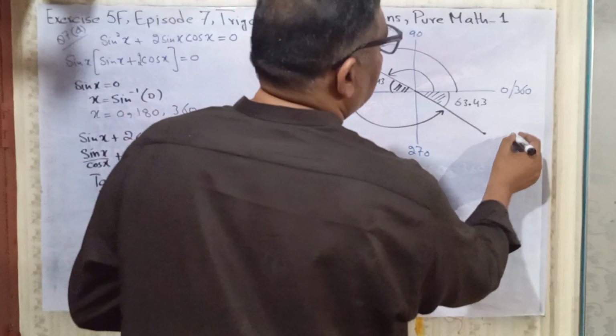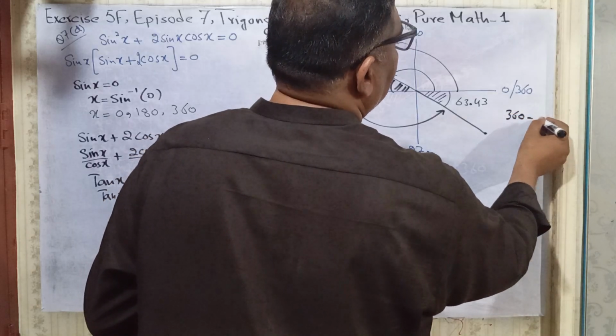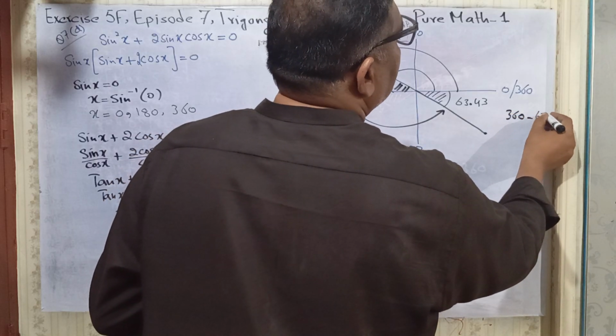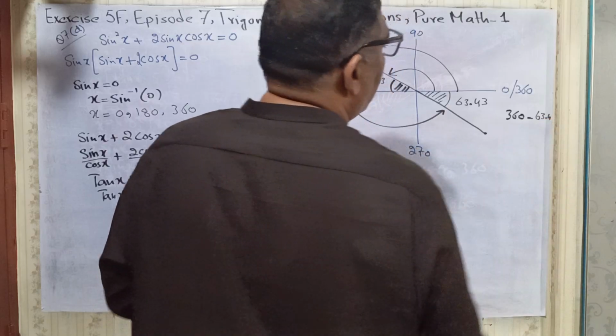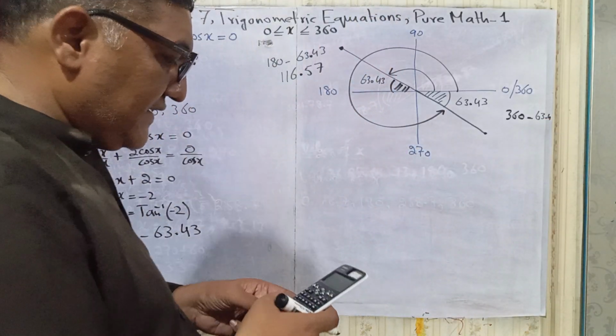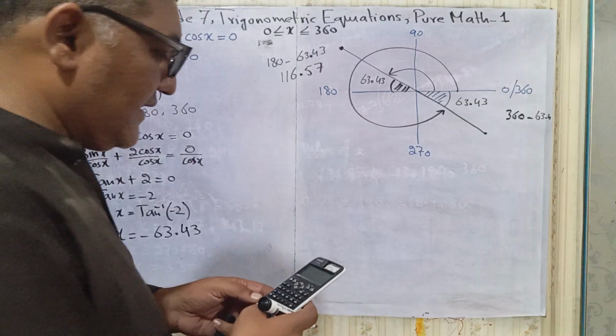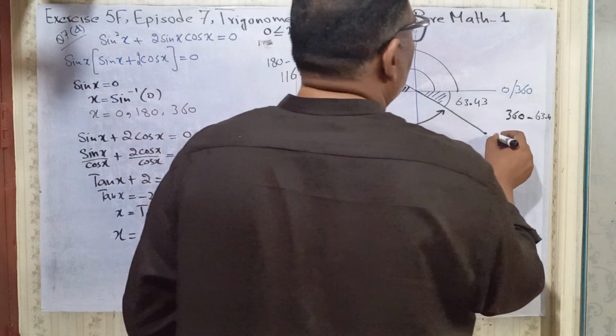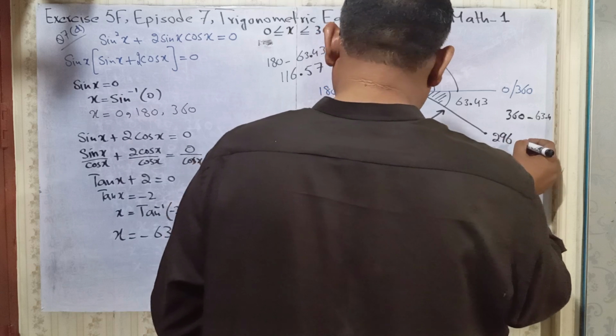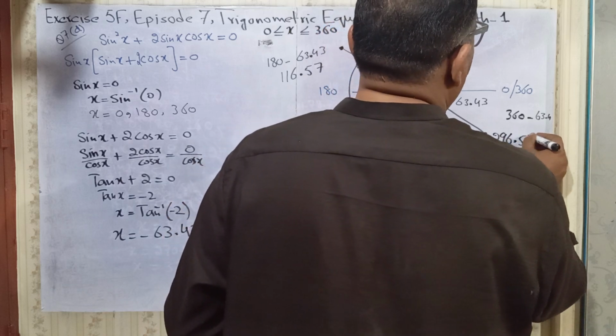So how much is this angle? This angle will be basically 360 minus 63.43. Okay, 360 minus 63.43, and that is equal to 296.57.